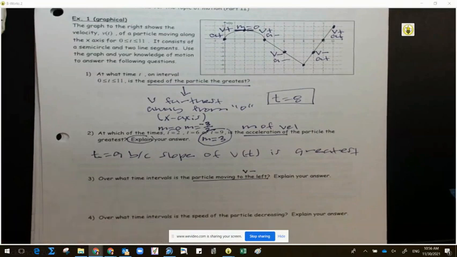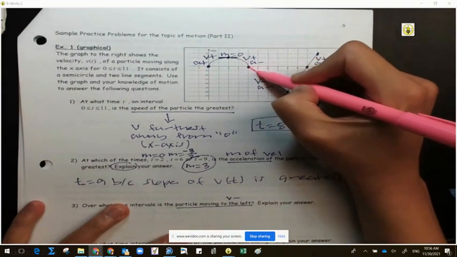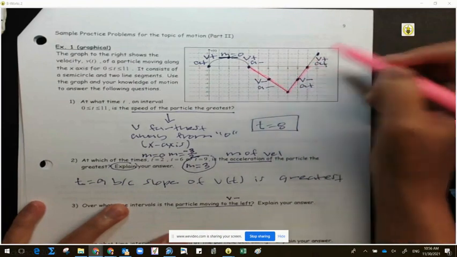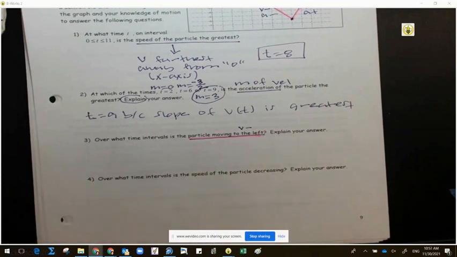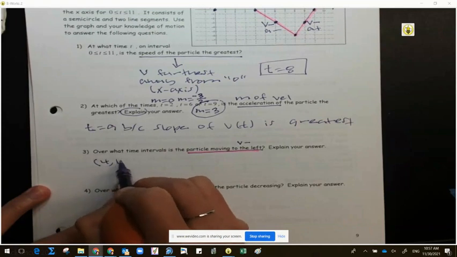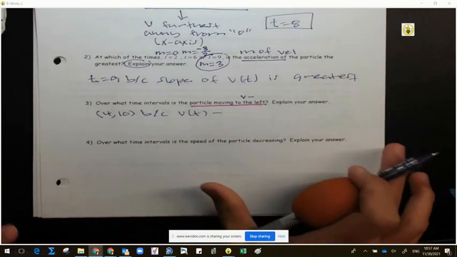And our velocity is negative at a certain location that I want to highlight. So it's negative here and negative here. So what is our interval then? 4 to 10. And that is because v of t is what kind of sign? Negative. Very good.